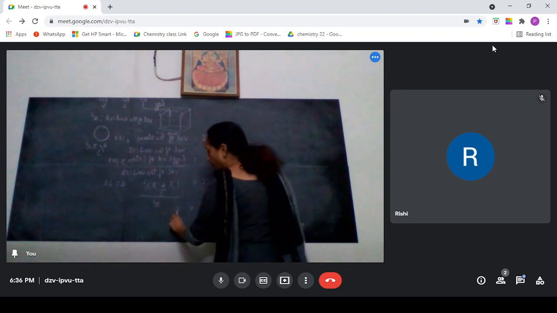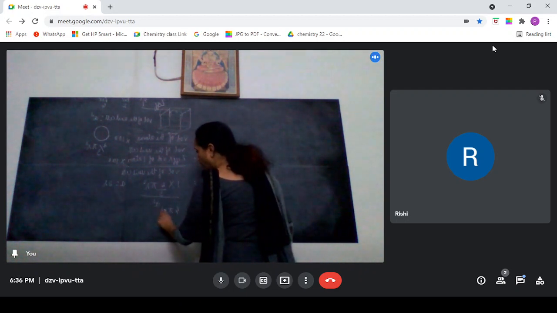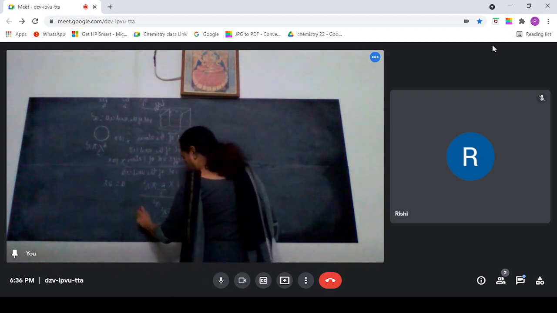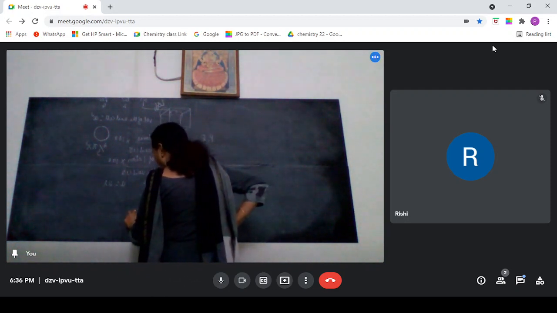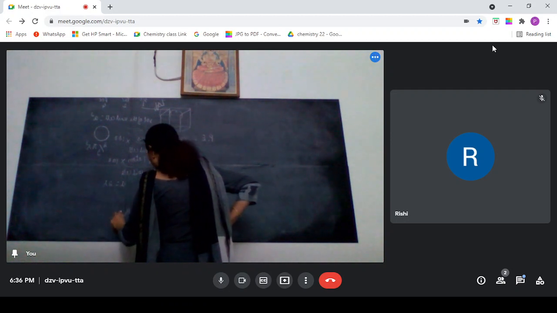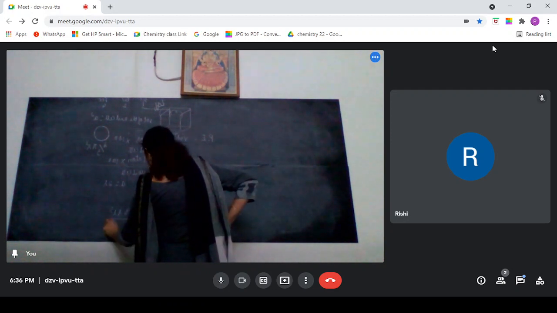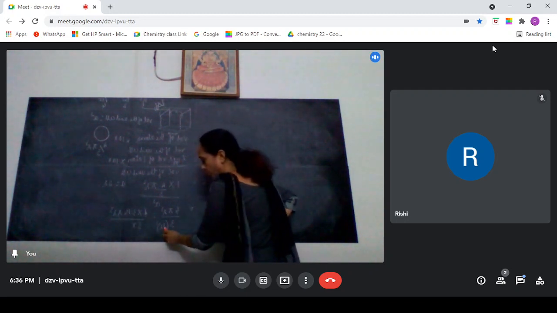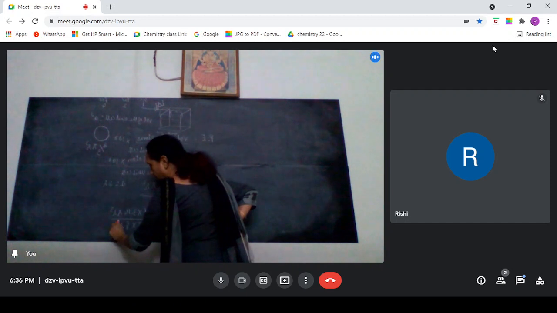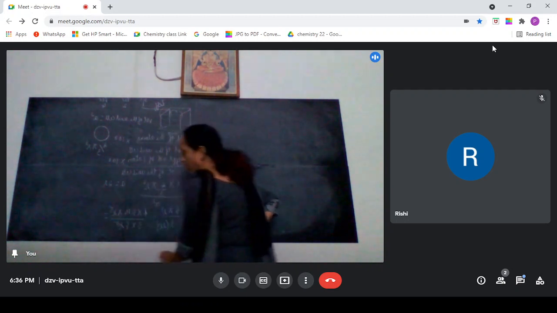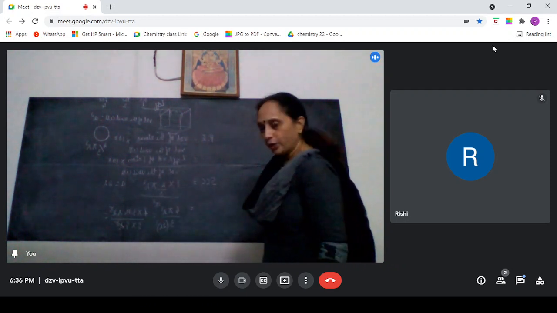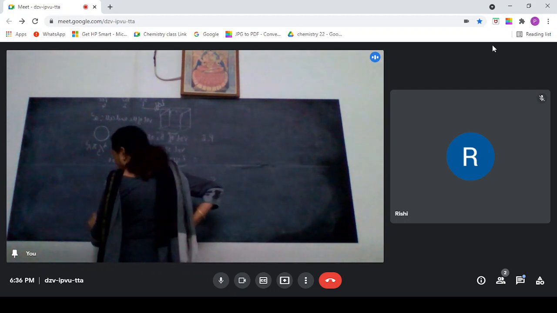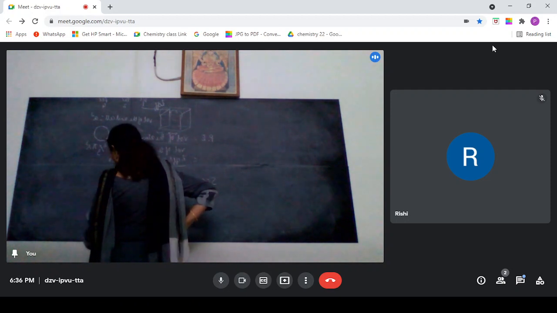So this will be 4 pi R cube by 3 into 2R whole cube. So this will be 4 into 3.14 into R cube by 3 into 2 into 2 into 2, 8 R cube. If you cancel R cube and solve this, 4 into 3.14 by 8 into 3, you are going to get 0.524.